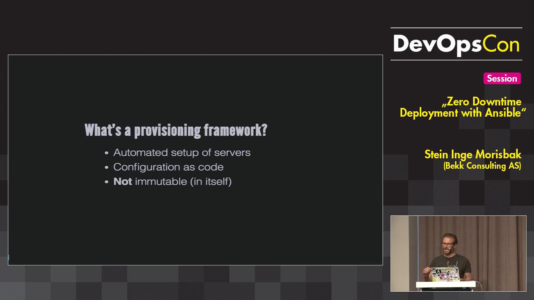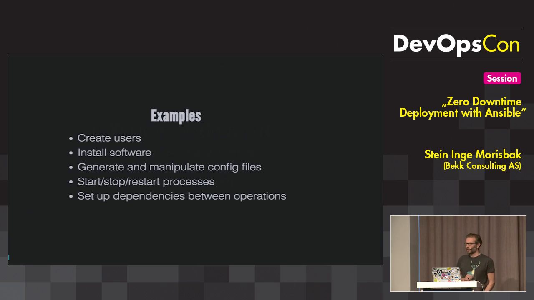You can't guarantee that everything will be exactly as it's supposed to be, because you may have configuration drift. So if you tear down the servers every time and provision, you'll get something like immutable servers, but not in itself.